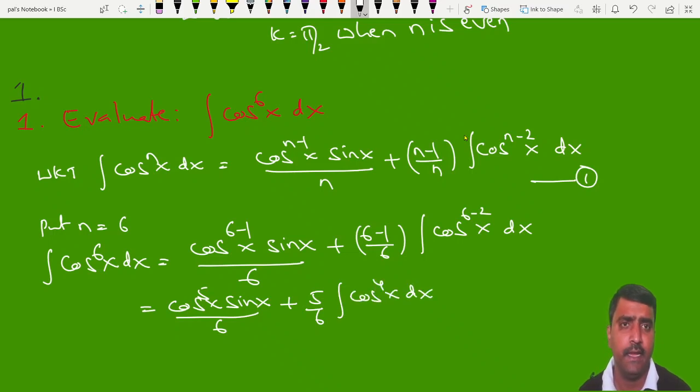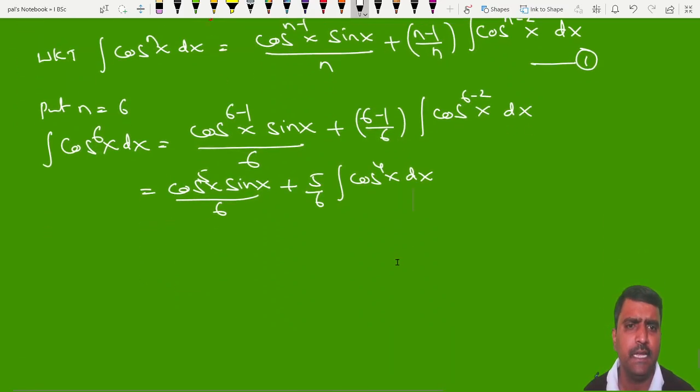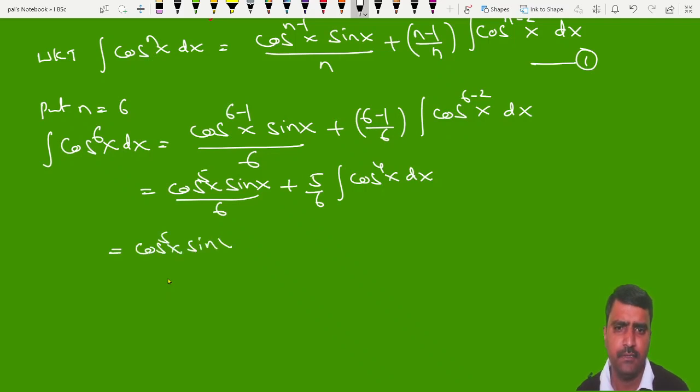Again, to find the cos to the power 4 x value, once again we need to use expression 1. If we put 4 in place of n in expression 1, we get the cos to the power 4 value. So use the same formula to find the cos to the power 4 x value, which is equal to cos to the power 5 x into sin x divided by 6 plus 5 by 6 into, put n is equal to 4 here.